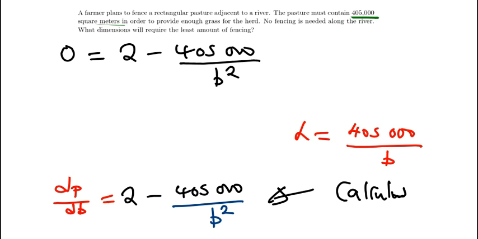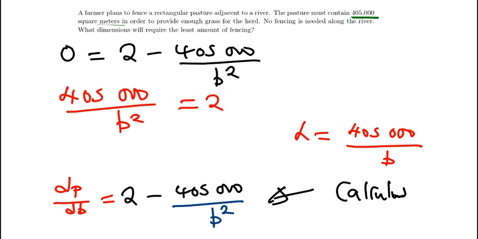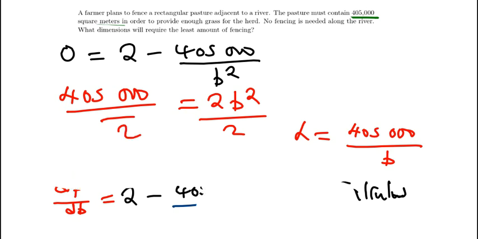At this point we take this one to the other side, using the additive inverse on both sides, so that on the left hand side you have 405,000 over B squared equal to 2. Cross multiply, the B squared appears on the other side and it becomes 2B squared. Divide by 2 on both sides, or multiply by half.